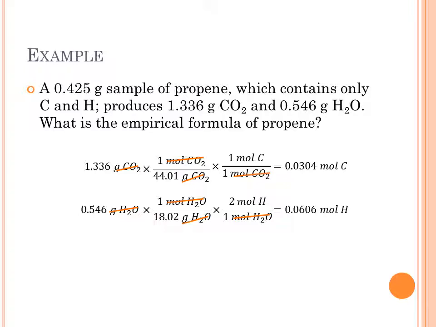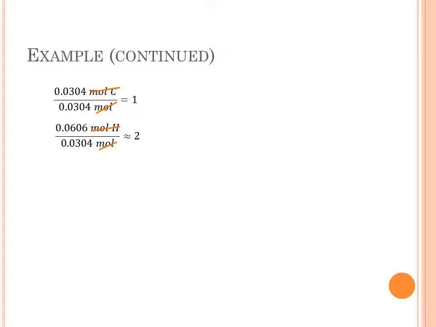The moles of carbon is less than the moles of hydrogen, so we'll divide both through by the moles of carbon. 0.0304 moles of carbon divided by 0.0304 moles equals 1. 0.0606 moles of hydrogen divided by 0.0304 is about 2. So the empirical formula of propene is CH2.